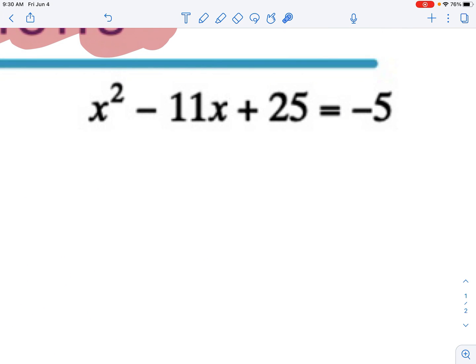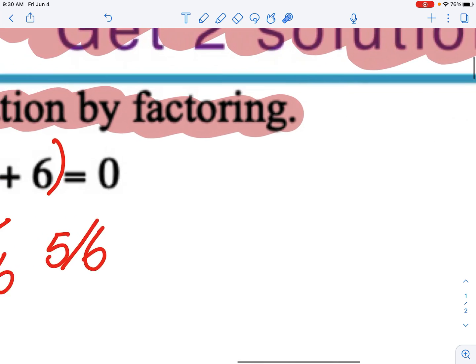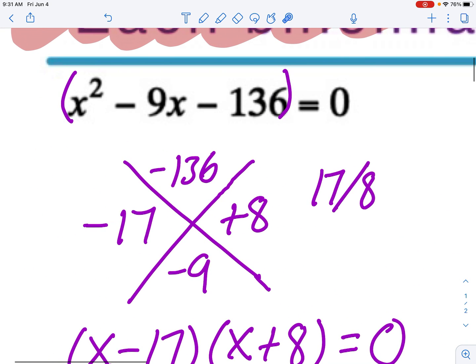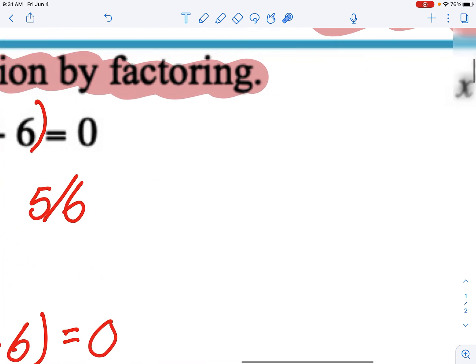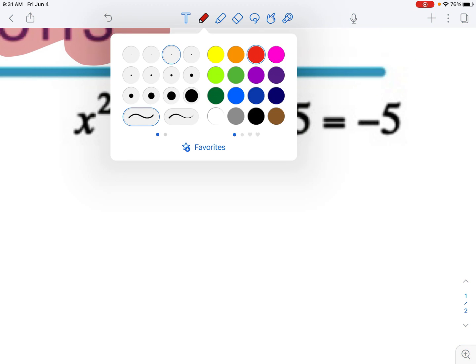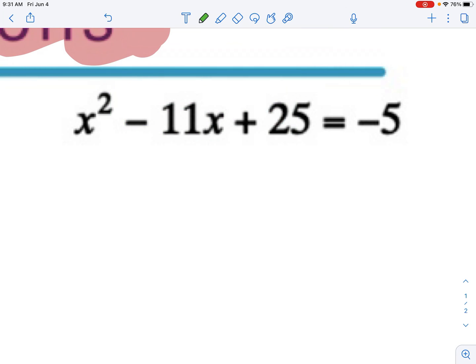One more example. Now, this one is a little different because if you notice, this one does not equal 0. The second problem equals 0, so we went straight to x method. The first example equals 0, so we went straight to x method. We need the third example to equal 0 as well. Well, how do we do that? Simple.